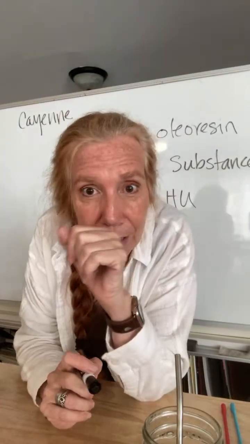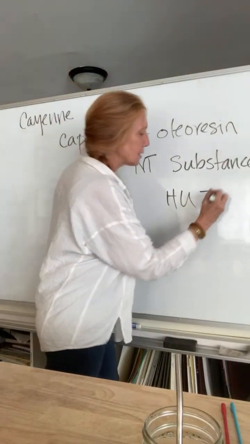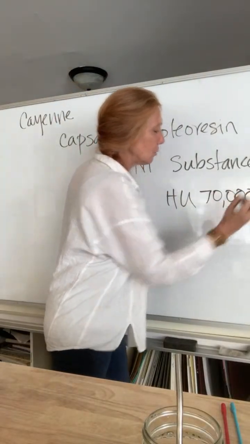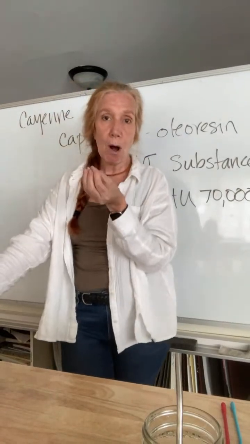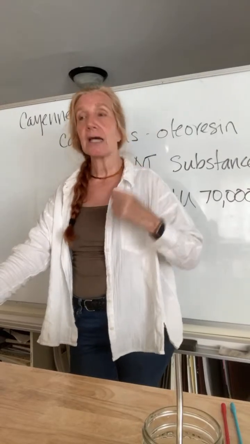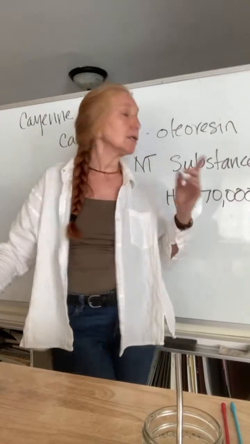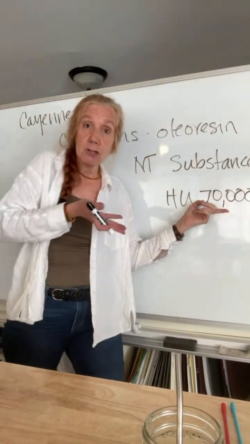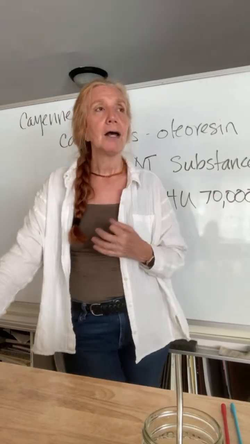So Sandra's has a 70,000 heat unit rating, right? That means it takes 70,000 parts of water to dilute 1 part of the cayenne Sandra's using in order to make it not taste as strong. So you can see as the heat unit concentration goes higher, the strength of the cayenne goes higher.